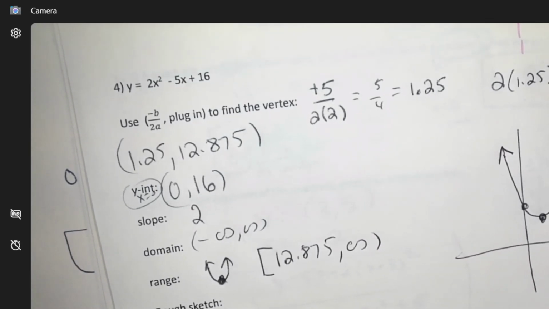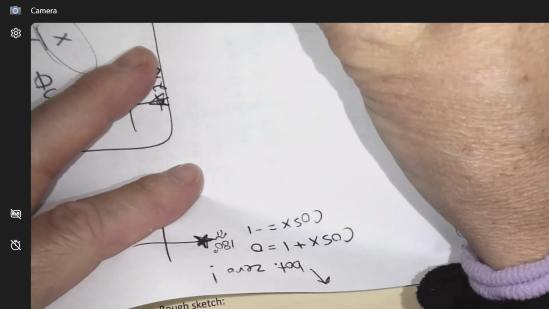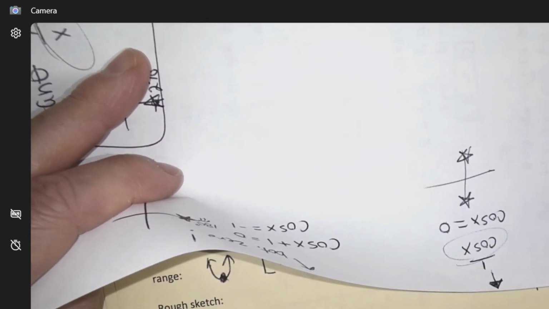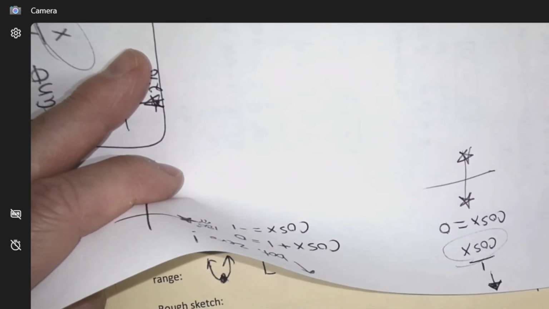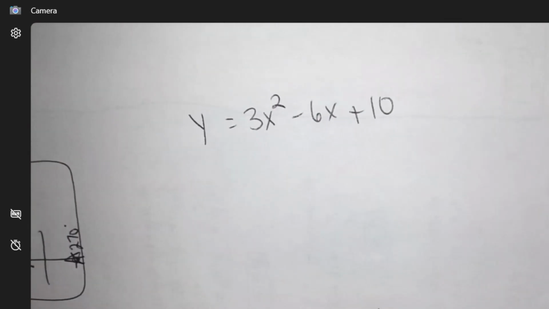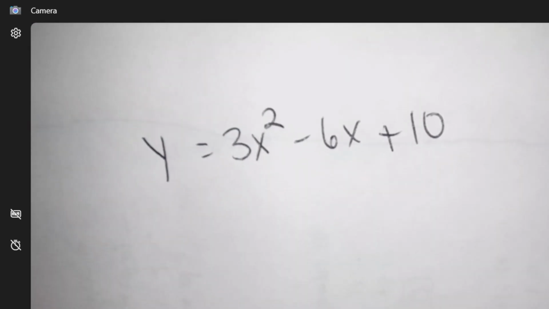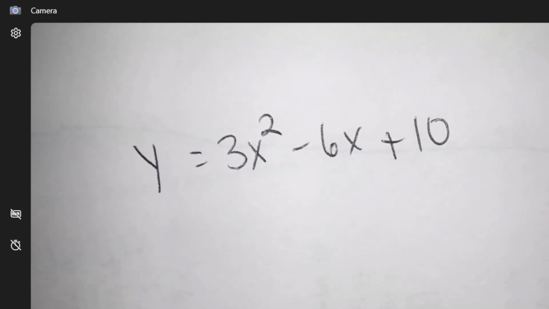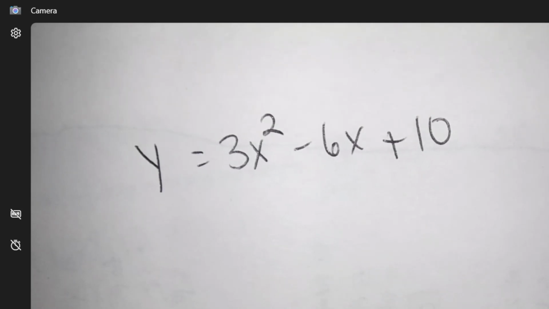Okay, and then I have one more question, and then you're on your own. Sorry, this isn't really on your paper. I'm not sure if you can just find a small little square that has nothing on it.